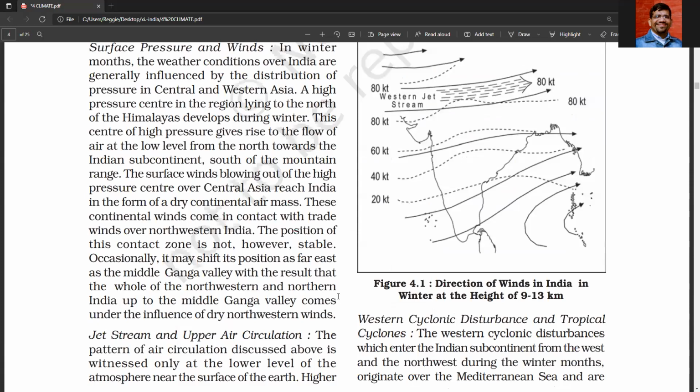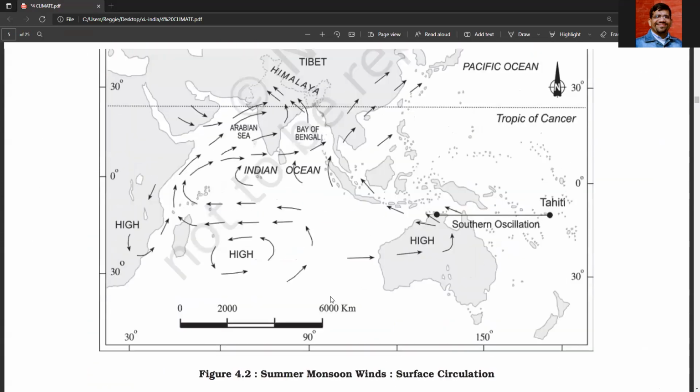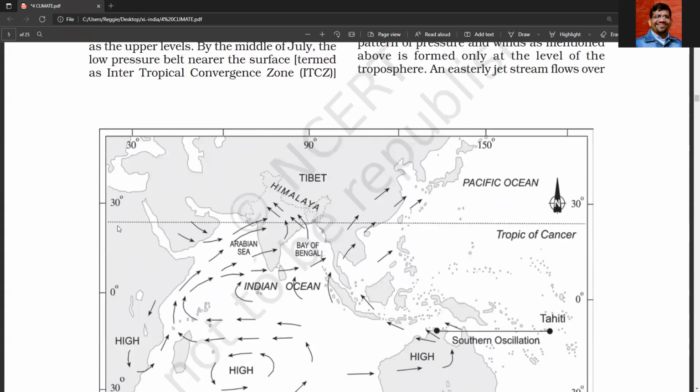Yes, there is a map, but the Tropic of Cancer is not shown in this map. Here you can see this line on the screen. You are able to see a line. This is the Tropic of Cancer. Understood?